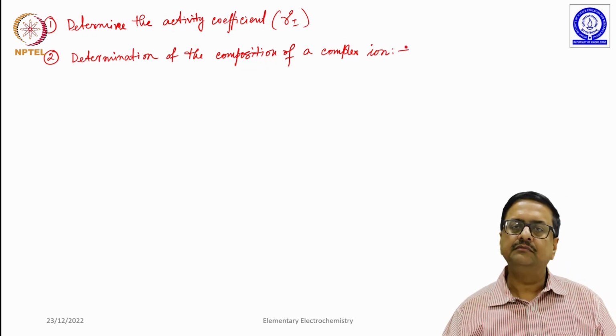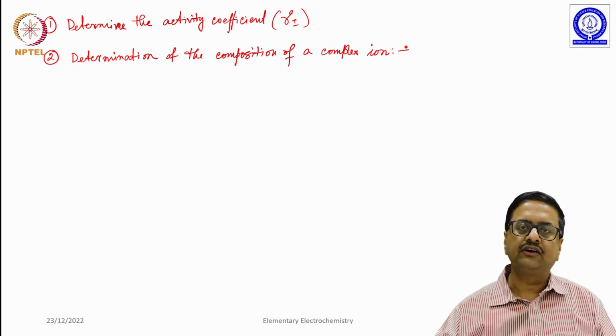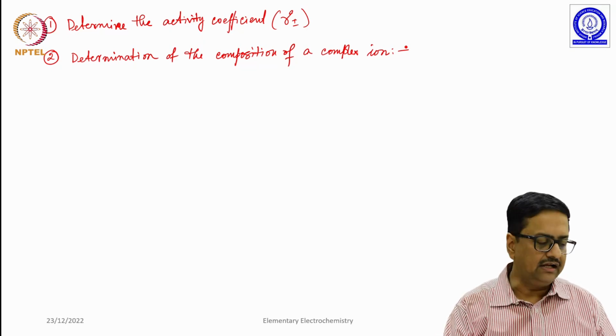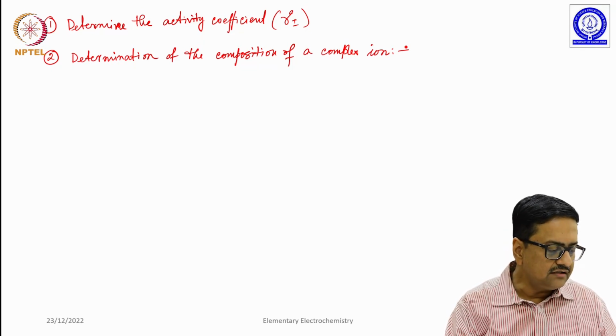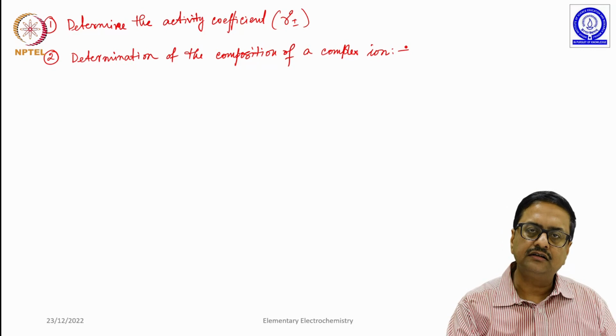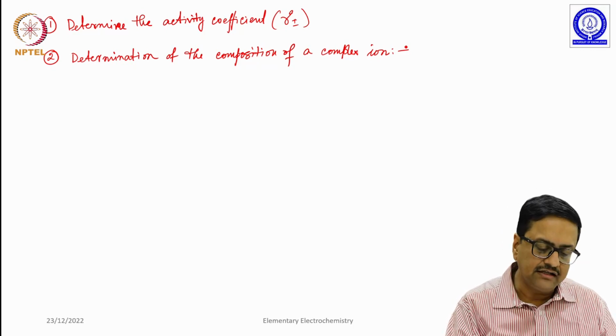See, in many chemical reactions, a cation forms a complex ion with an anion or a ligand which may be neutral, and the composition of that complex is different for different metal ligand systems.